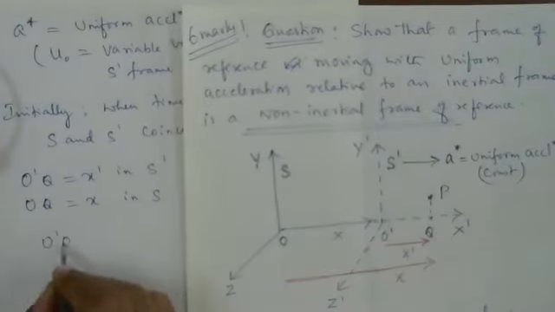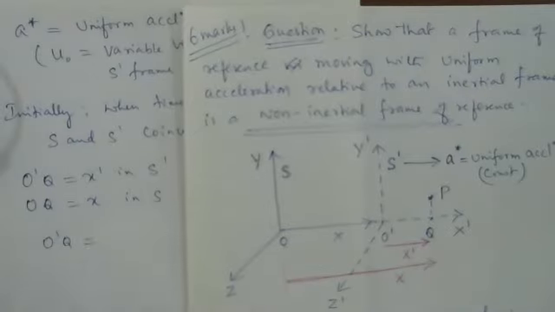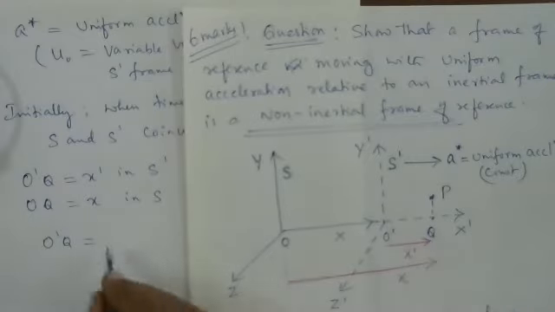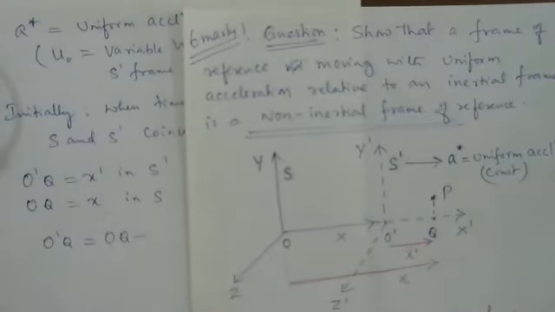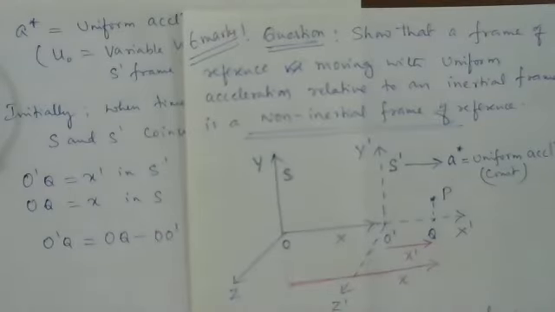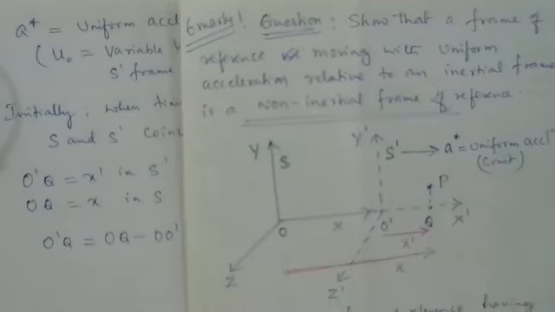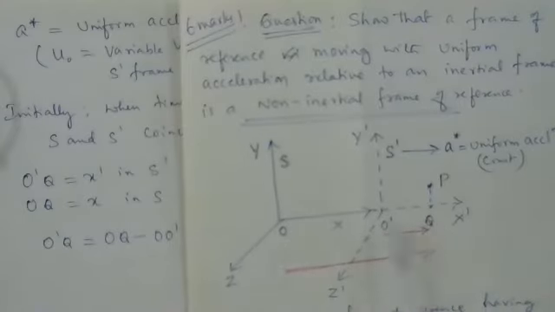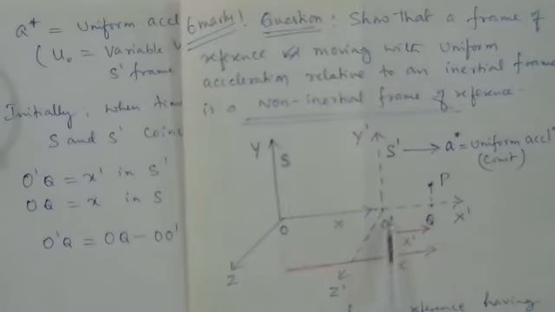O dash Q is equal to OQ minus O dash. Check it up. Is it correct? You check it. See that O dash Q is equal to OQ minus O dash.